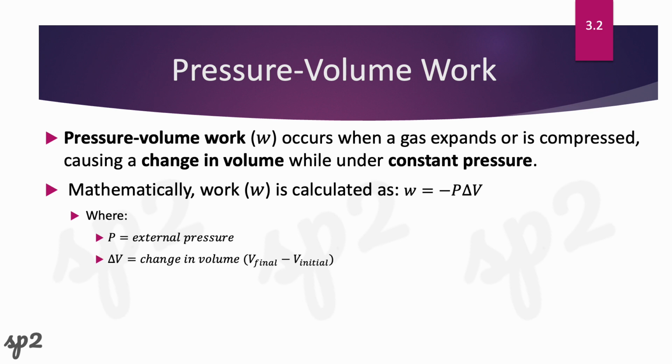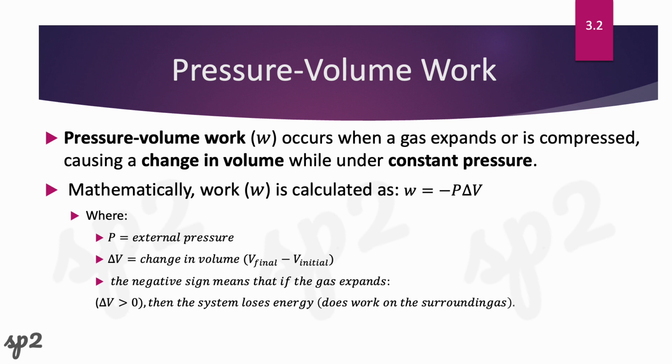We have delta V, the change in the volume. And a quick reminder, delta is final minus initial, final volume minus initial volume. And I also need this negative sign because if the gas expands, then you would have a positive change in your volume.